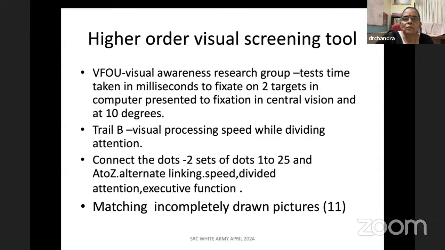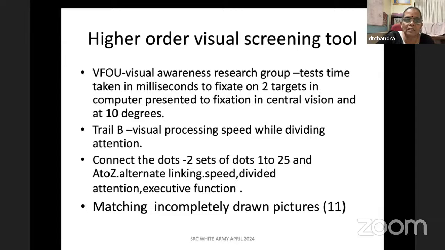Then you have other screening tools, the simple tools which you use at the bedside, and you have other tools, such as the visual awareness research group test, with time taken in milliseconds. They are timed tests to fixate on two targets on a computer, presented in central vision and with a 10-degree rotation. So two objects, 10-degree rotation, how much time?